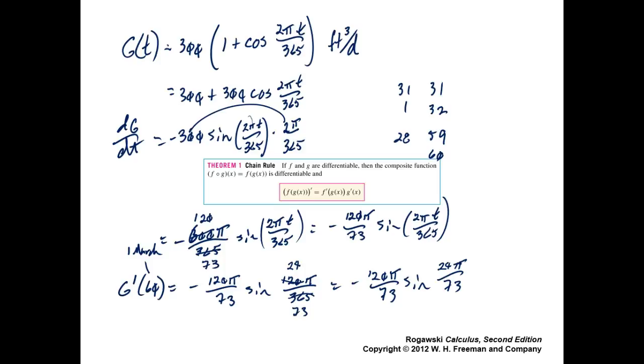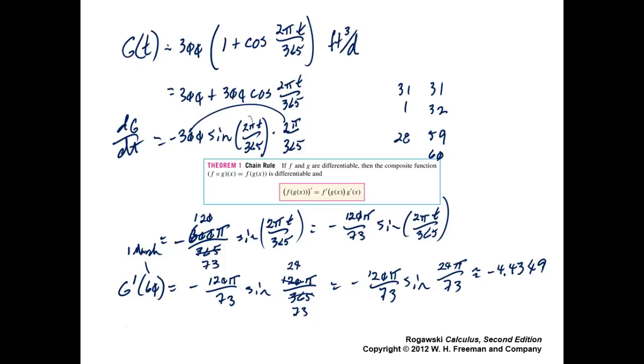Press equal to see what you get. Negative 4.4349. Is that what you said? Negative 4.4349.